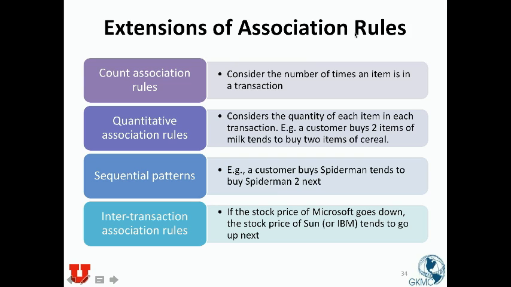There are lots of extensions from association rules that we will not go into. Extensions are not that complicated, such as if we count the quantity of how many eggs or how many dozens of eggs have been purchased, and how many loaves of bread are purchased. These are quantitative association rules, and this also considers different kinds of quantity information.